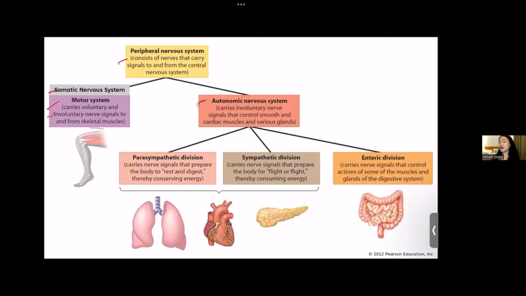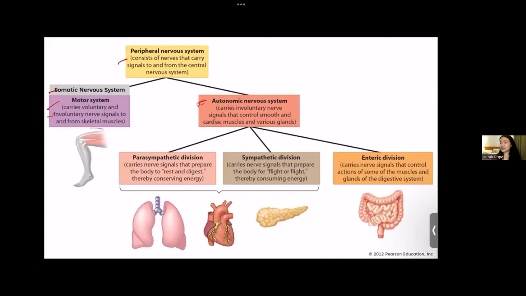While your autonomic nervous system, this carries your nerve signals to your smooth muscles. This controls your smooth muscles and your cardiac muscles, which of course you can find in your heart. So this autonomic nervous system, nerve signals that control your smooth muscles, cardiac muscles, and your glands.